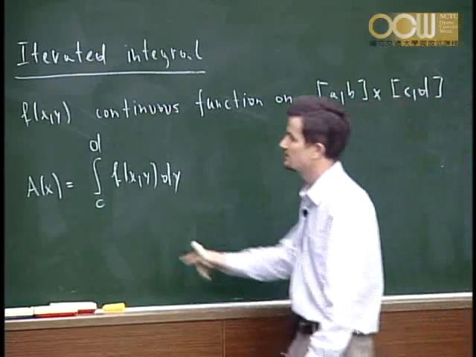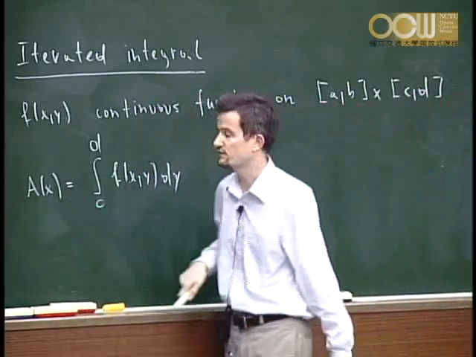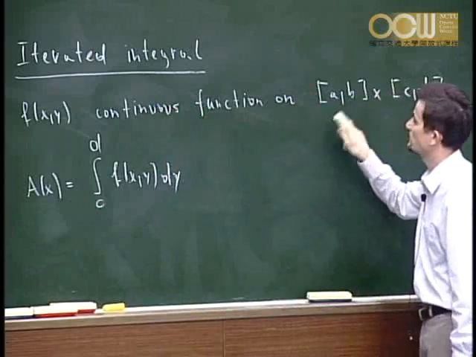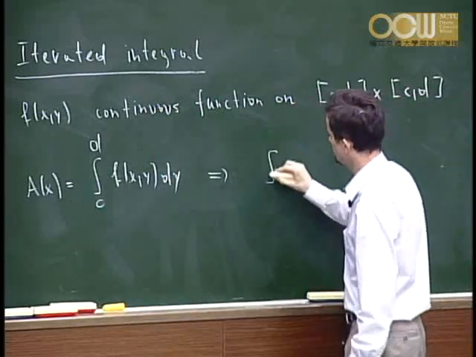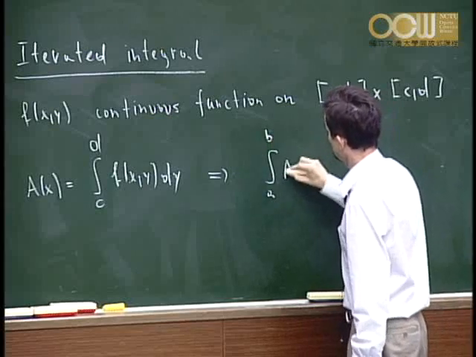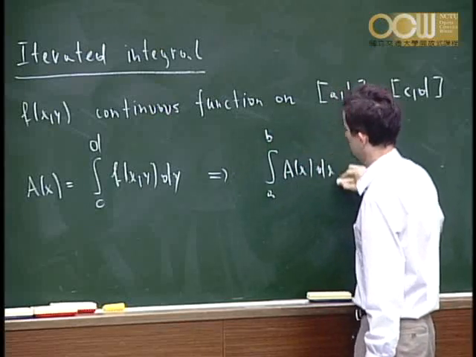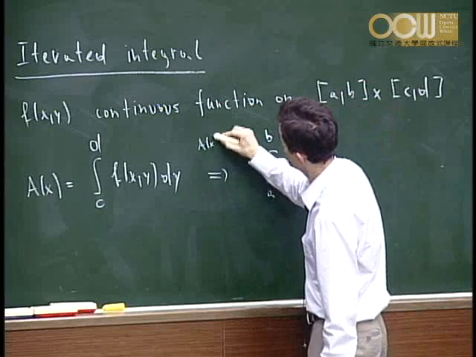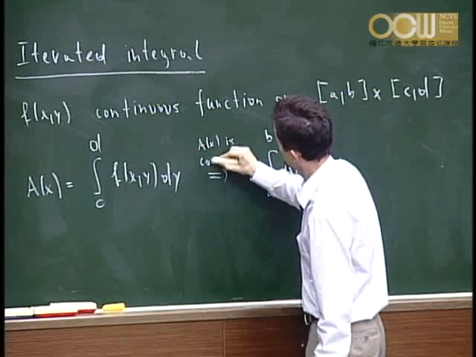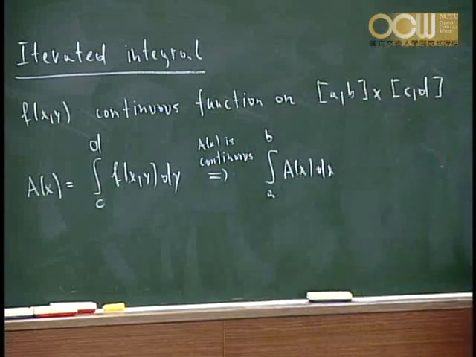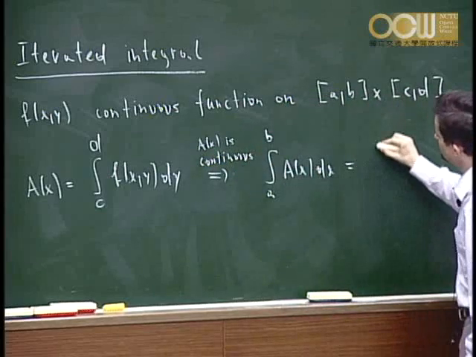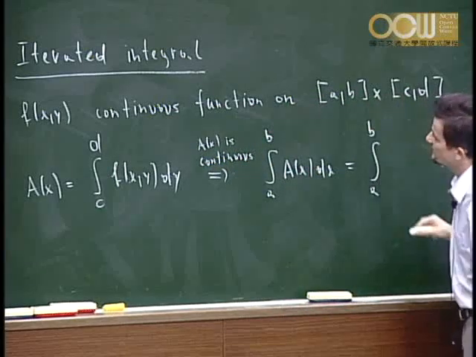So you can again compute the integral of this A of x, from x equals a to b. So we compute the integral from a to b of A of x dx. This can be done because A of x is continuous. And this will be called the iterated integral.